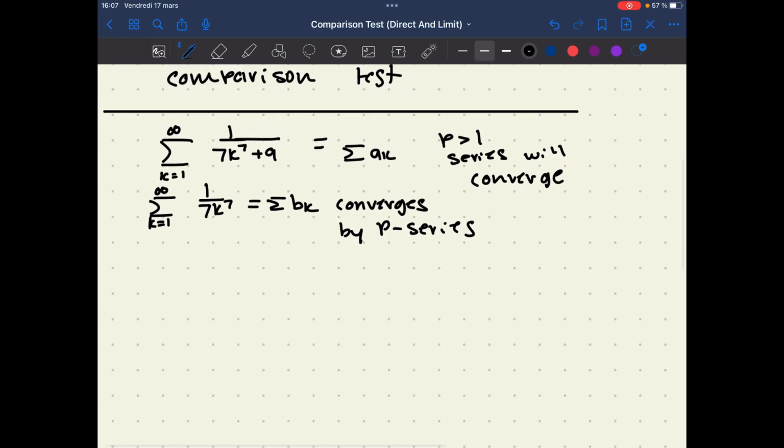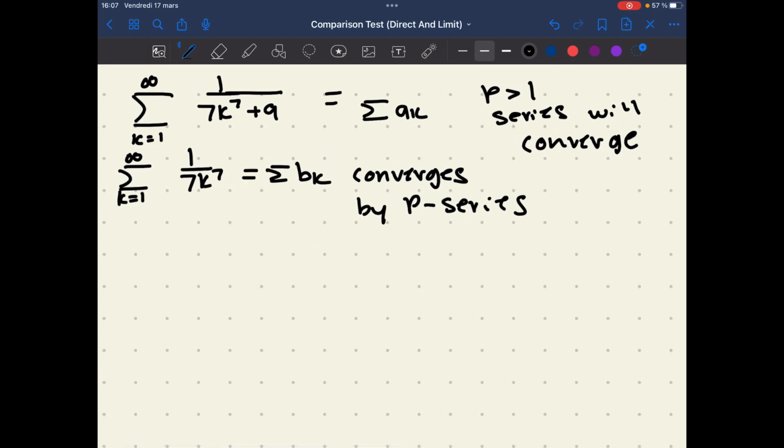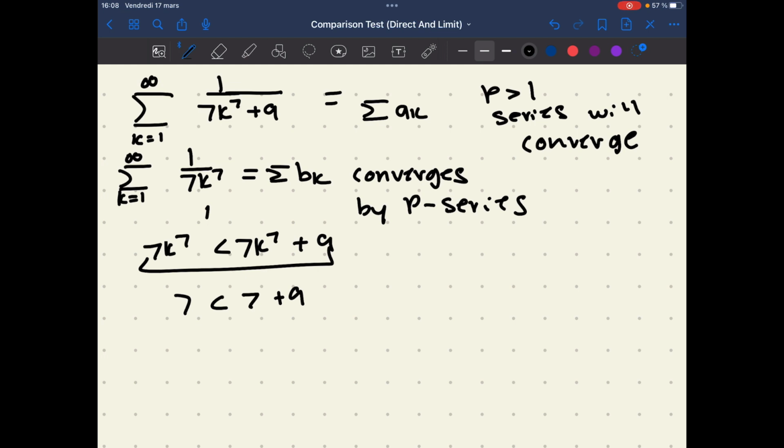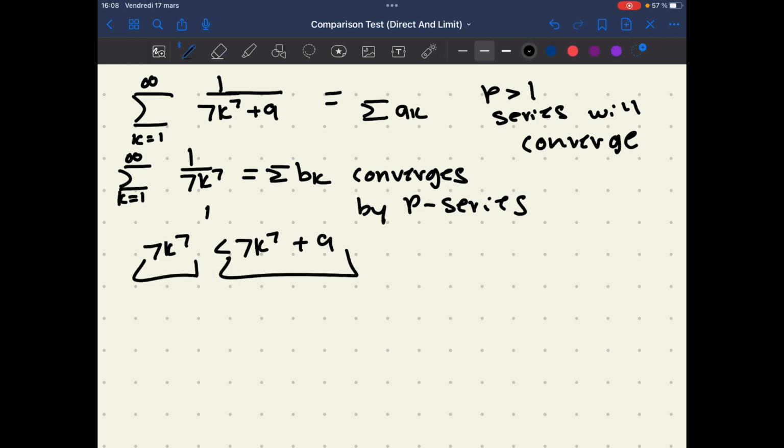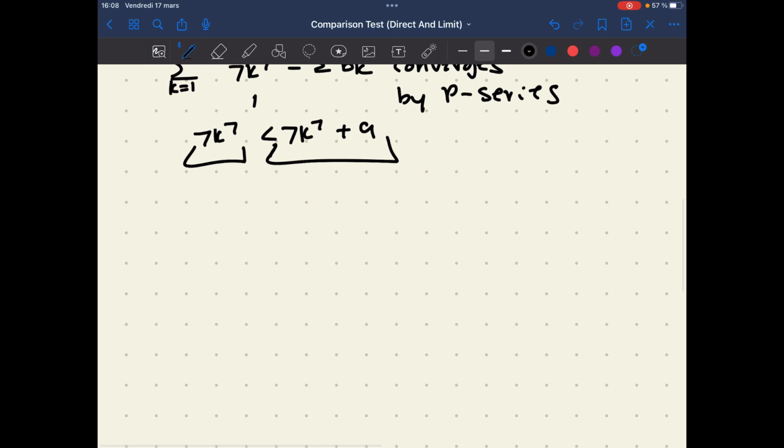So what do we know? Well, let's look at it just like this. 7k to the 7 plus 9 is greater than 7k to the 7, right? If you were to put, let's just say 1, make it simpler. If you plug in 1 for your 7, then that would be 7 is less than or equal to 7 plus 9. That is true. So if you know that this right here will be bigger than this, what would happen if you put the right part as a denominator?